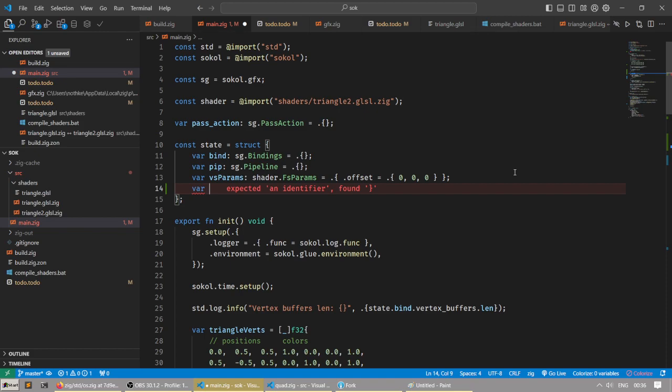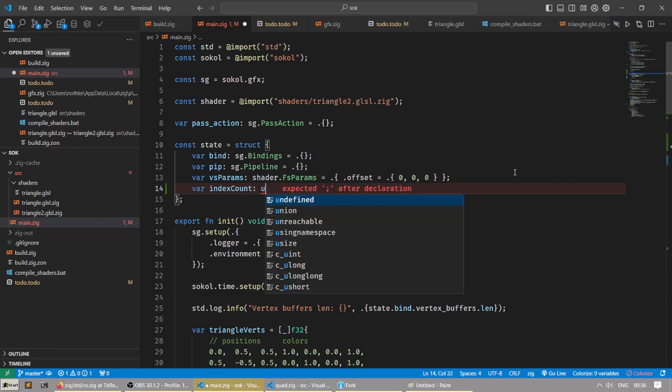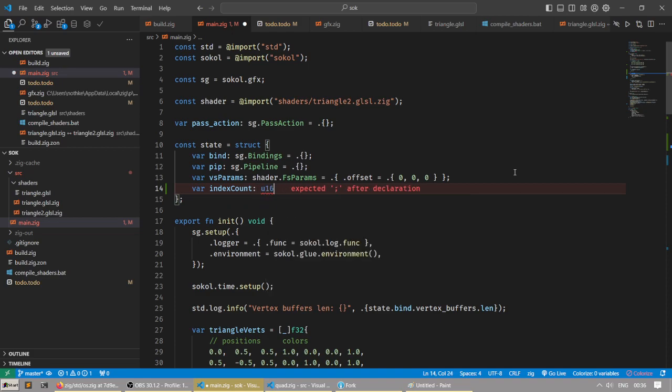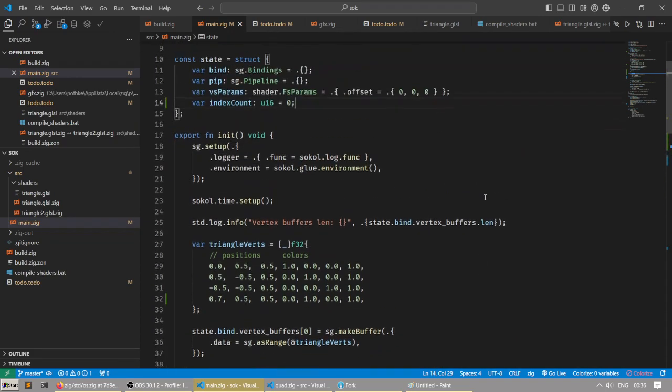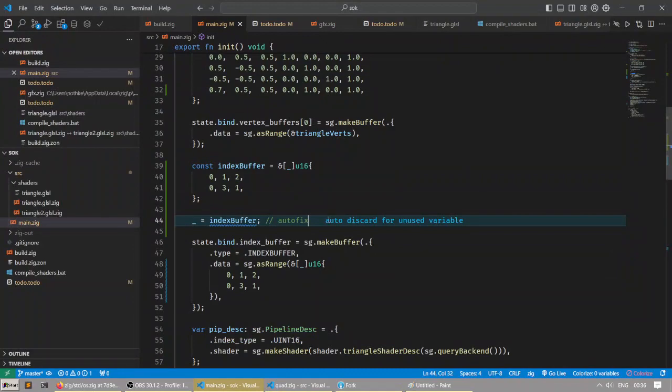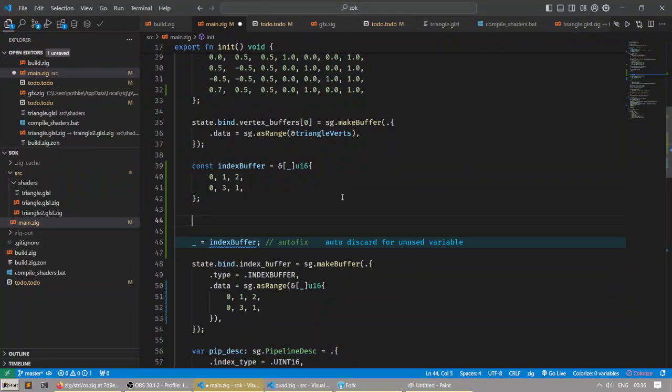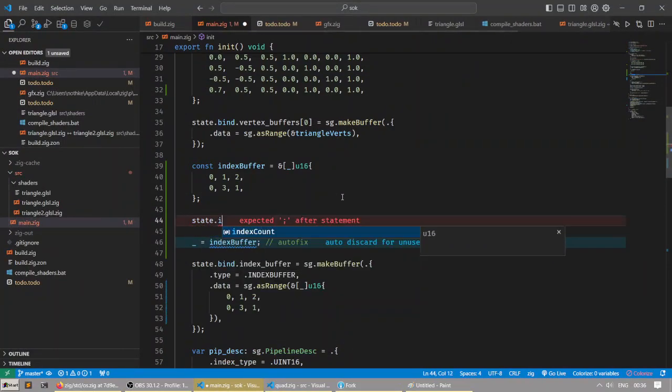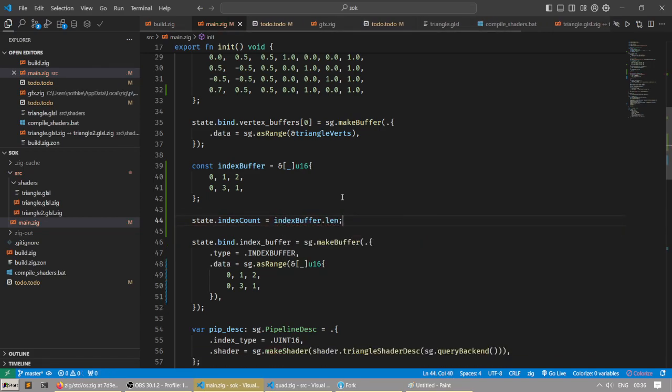So the state is going to have index count. And that's going to be a U16, because of course we're going to have the U16. Let's initialize to 0, just so that I don't need to initialize the state. And so now I'm going to say state index count is indexBuffer.len, and there we go.